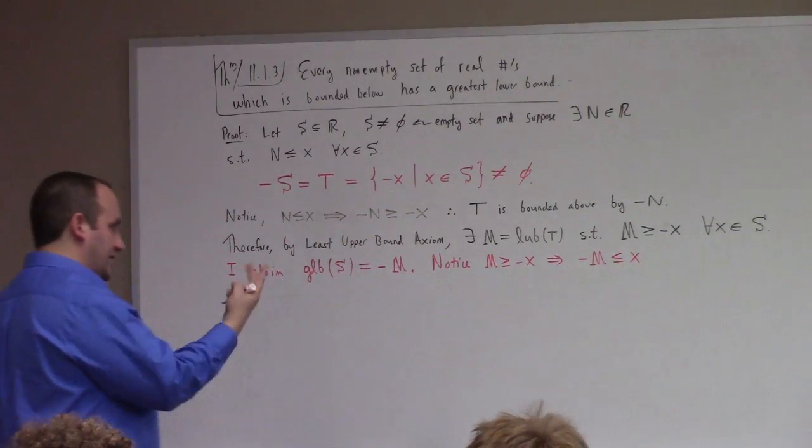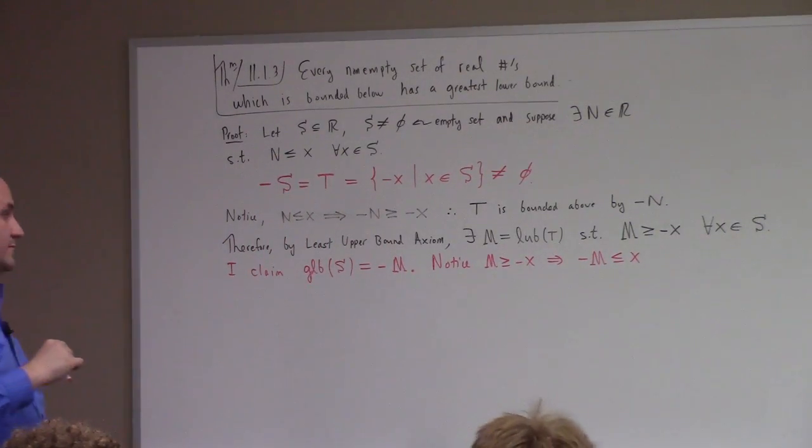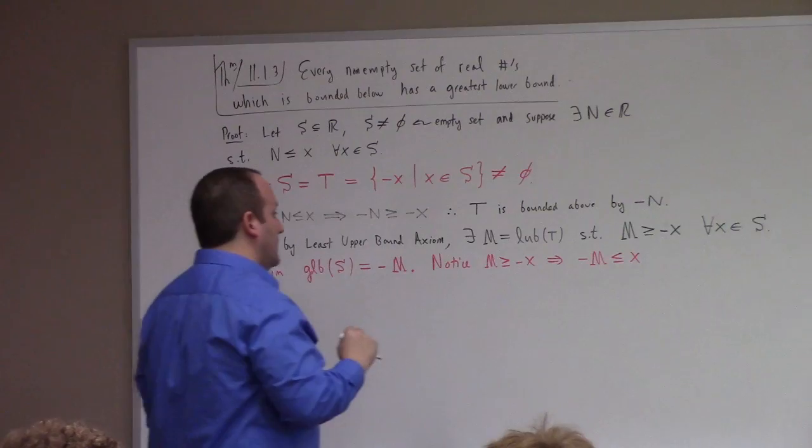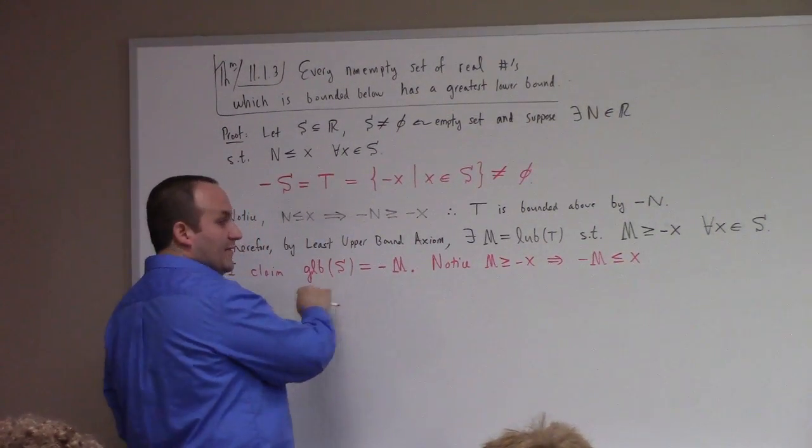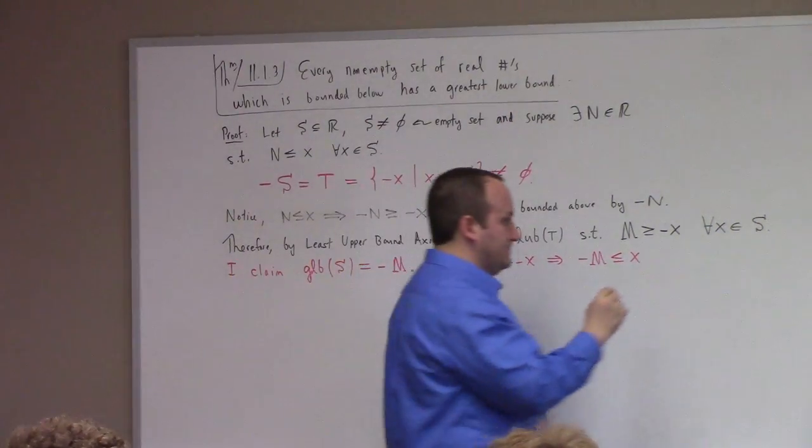Multiply by minus, we switch the inequality. But that says that minus M serves as a lower bound of S.